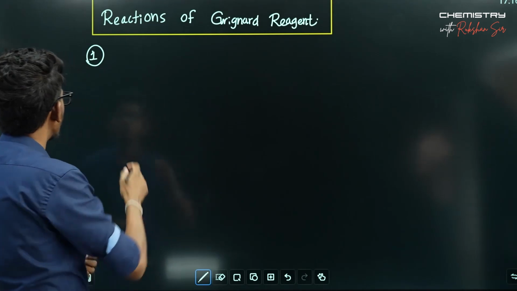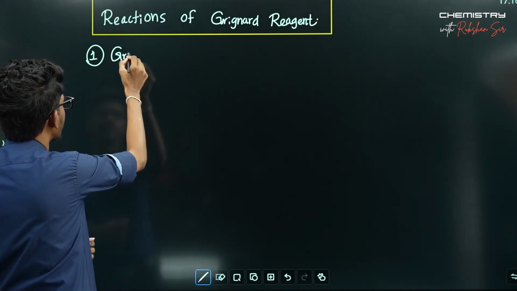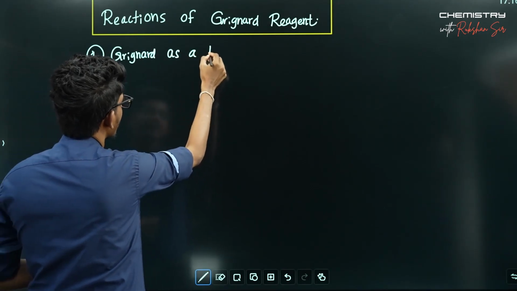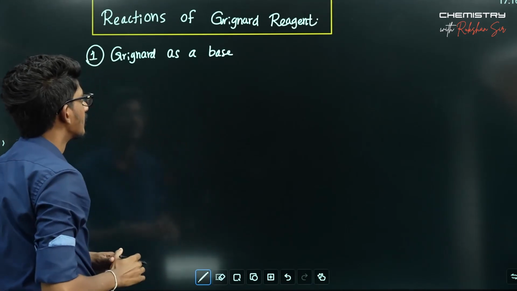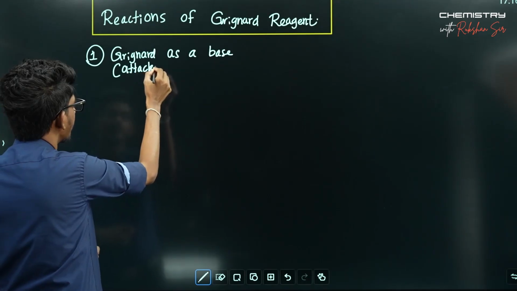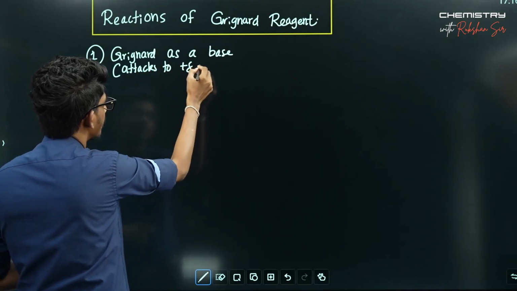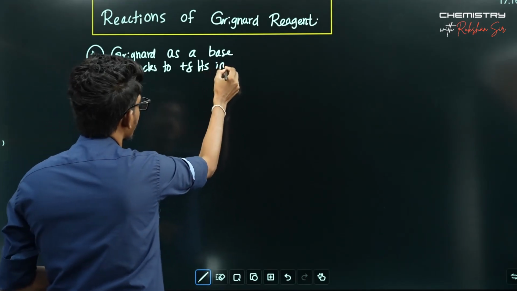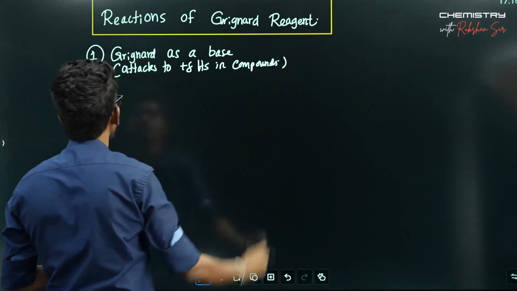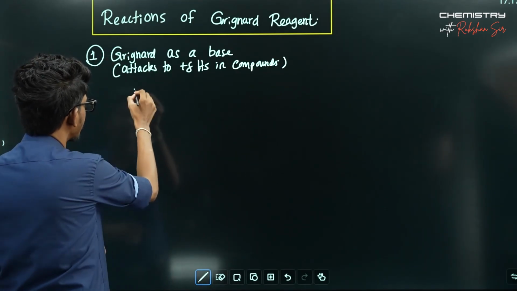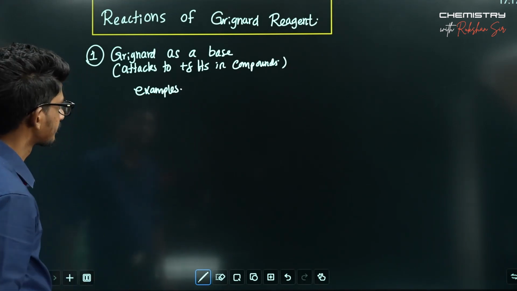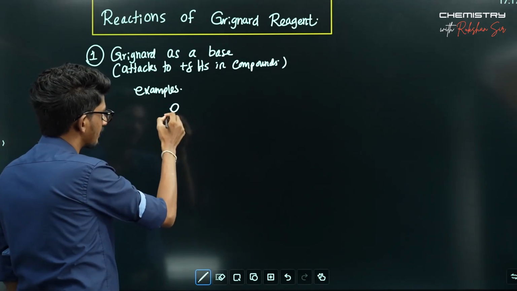So, Grignard as a base: Grignard attacks delta positive hydrogens in compounds. See these examples. Grignard as a base.